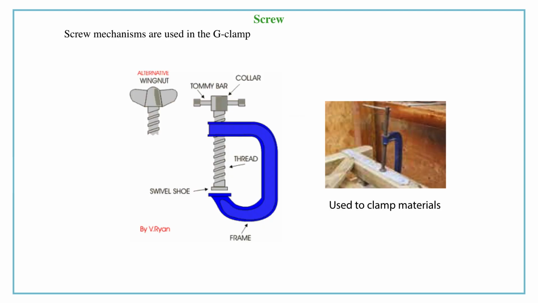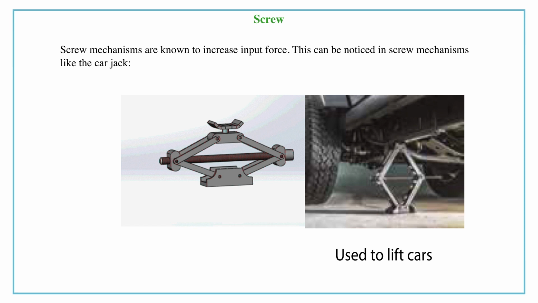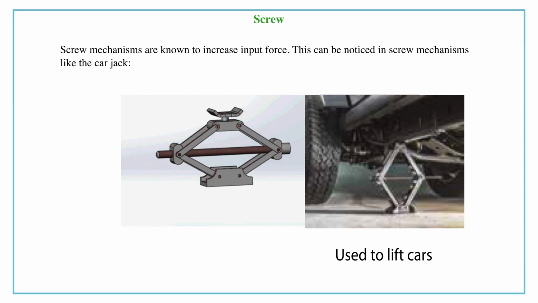Screw mechanisms are also used in the G-clamp, used to clamp materials. Screw mechanisms are known to increase input force. This can be noticed in screw mechanisms like the car jack.